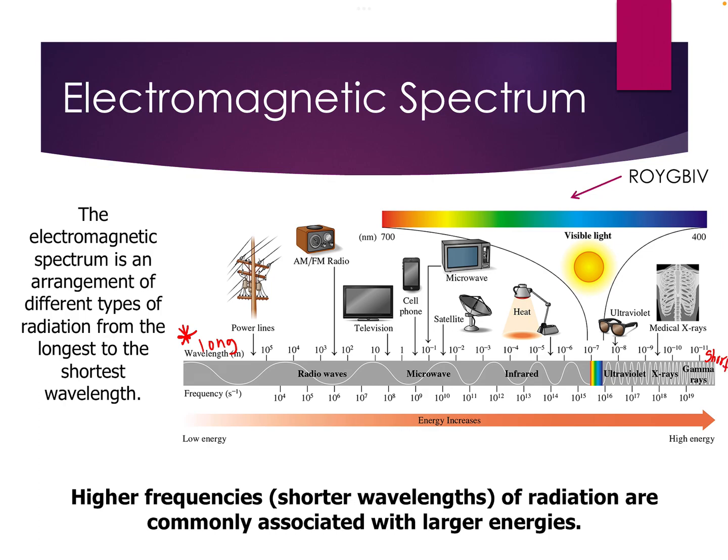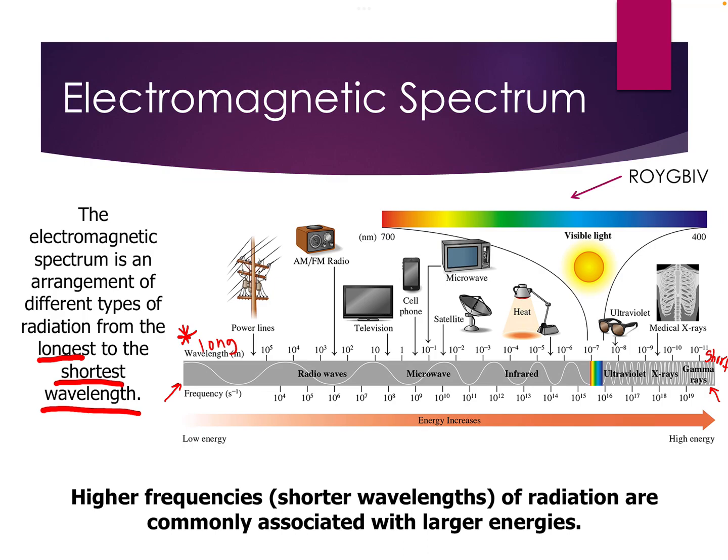You can see that in this little picture: these wavelengths are very close together, whereas these are very far apart. It's arranged in order of the size of the wave. The electromagnetic spectrum is an arrangement of the different types of radiation from the longest to the shortest wavelength.